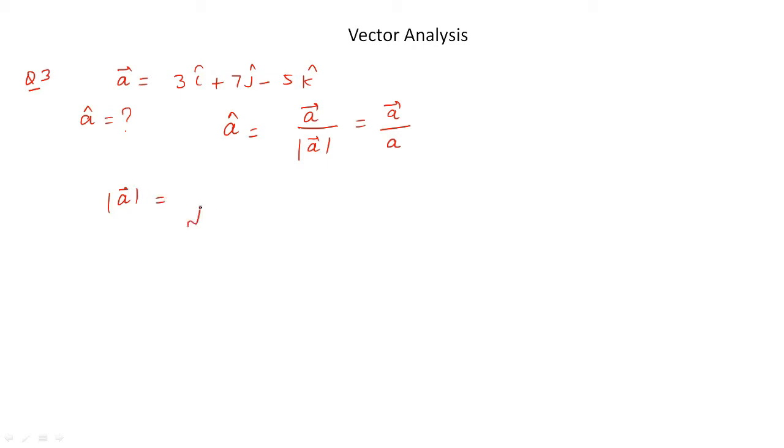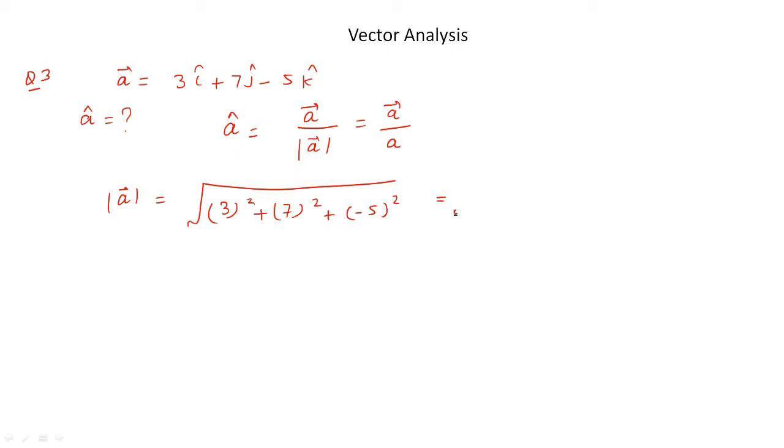So here we have to find the modulus of the vector A. So it will be equal to root of the scalar component in the direction of the unit vector i, which is here 3. So we will write here 3 square plus 7 square plus minus 5 square.